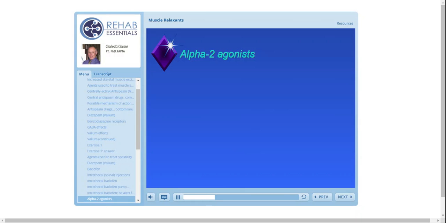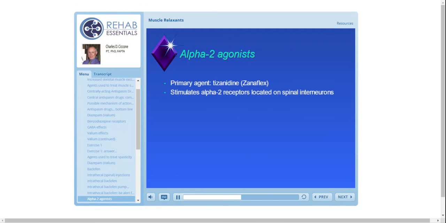Alpha-1 receptors are important in the peripheral vasculature. Beta-1 receptors are important in the heart. Beta-2 receptors are important in the lungs. But these alpha-2 receptors are the oddballs because they're found in the central nervous system. And when you stimulate these receptors, it causes inhibition of neurons. So that's what we're talking about.